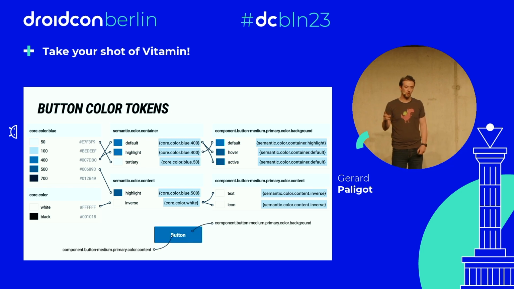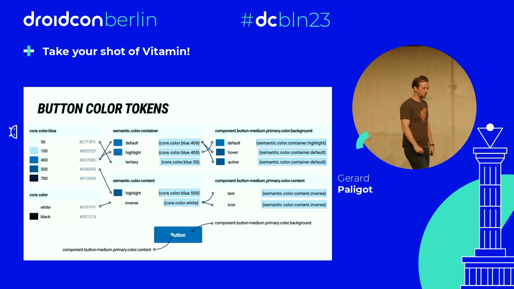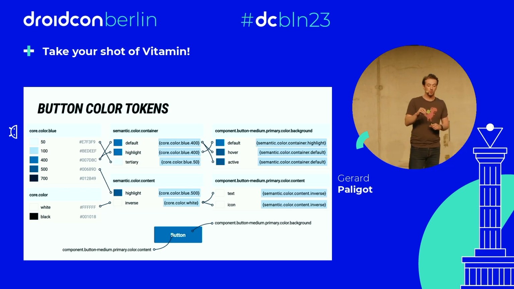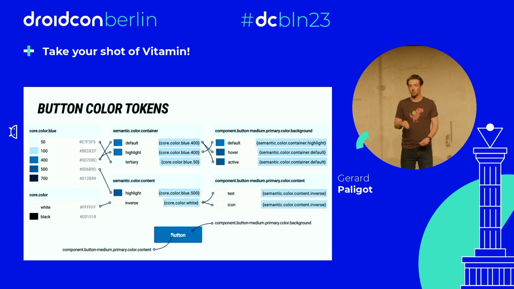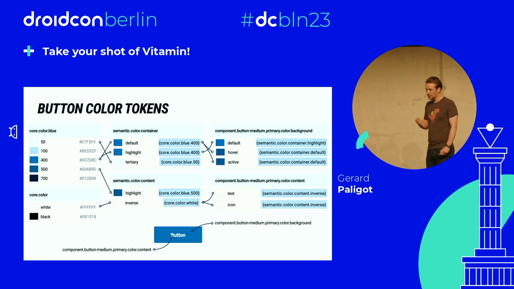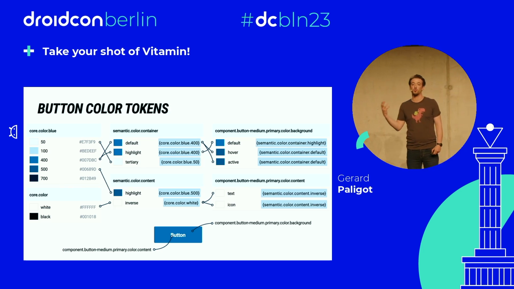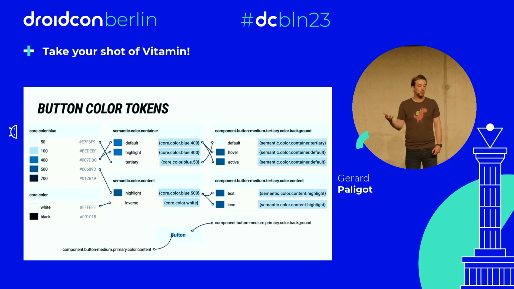So here's some examples. You can see here the usage of these tokens. So you can find the background and the content color tokens. And if I want to create a new button, I just need to create new component tokens.